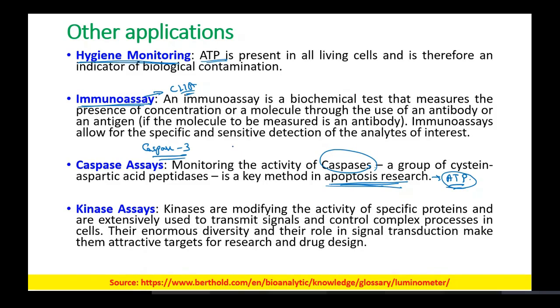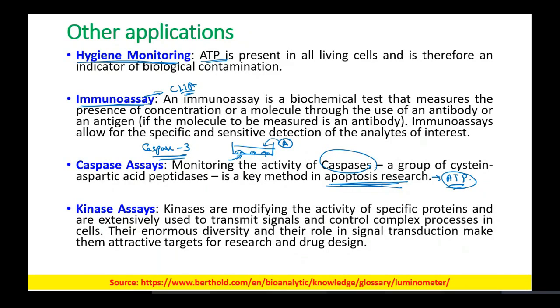So what you do over here is, suppose you have some mammalian cells in petri plates or some wells. You have the media over there, then you add some agent, say analyte A, for which you want to study the anti-cancer activity. After this addition, if the caspase 3 is activated, it will either kill the cells or have no effect on the cells.